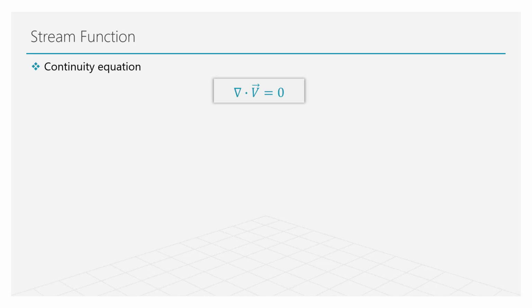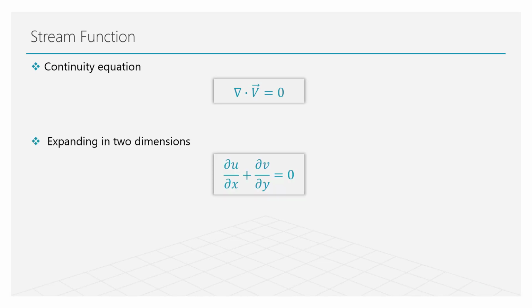We have that the divergence of velocity is equal to 0. Expanding this equation for two-dimensional flows, we get the following form of the same equation. If you notice, this equation requires the knowledge of two components of velocities in order for it to be solved.